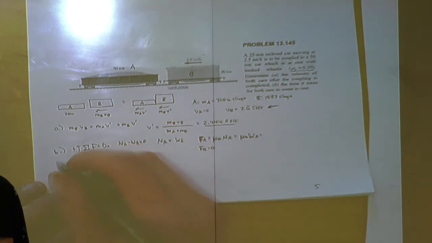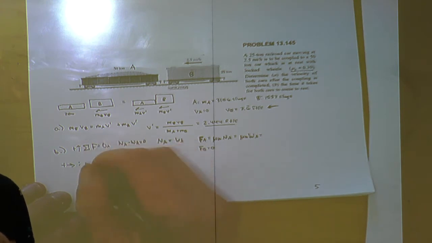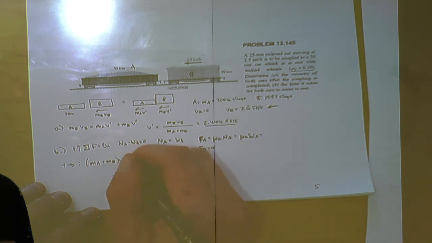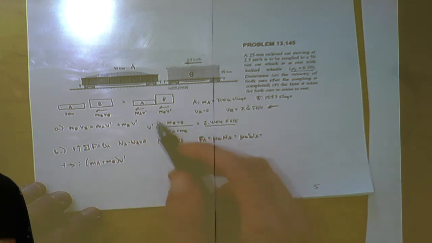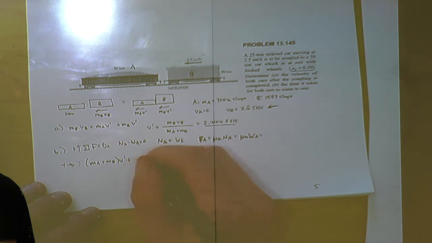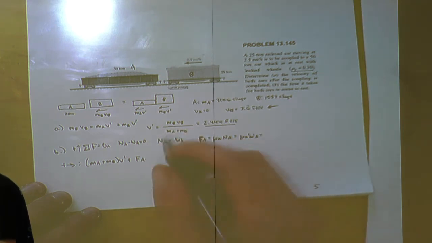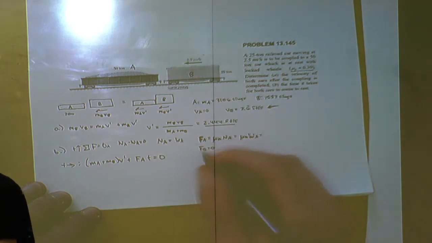So for the momentum, we have ma plus mb at that velocity when they start coupled, plus this force right here times the time is equal to 0.